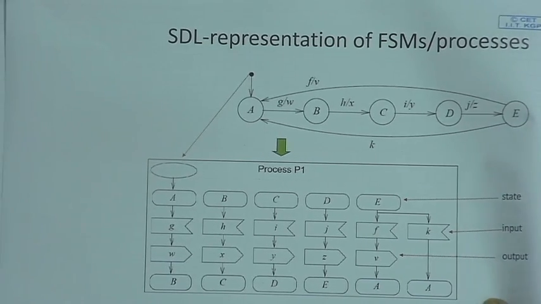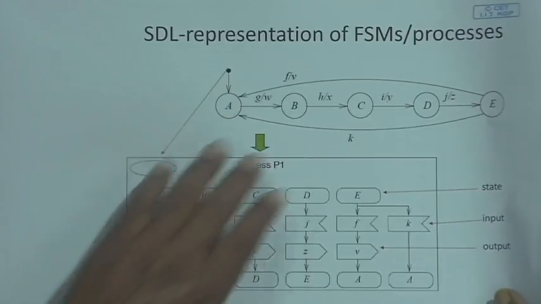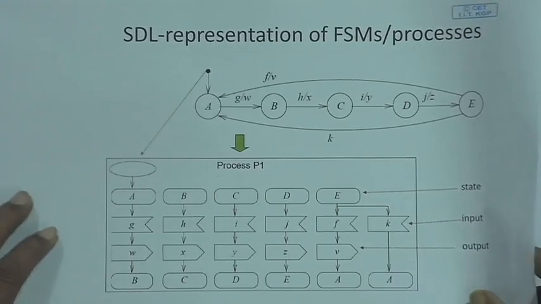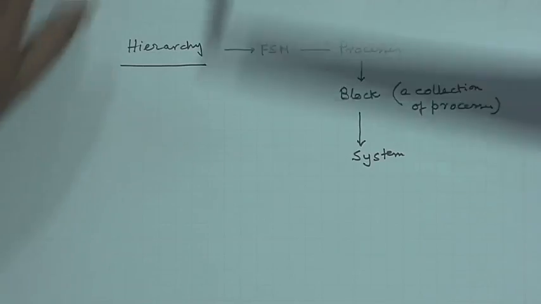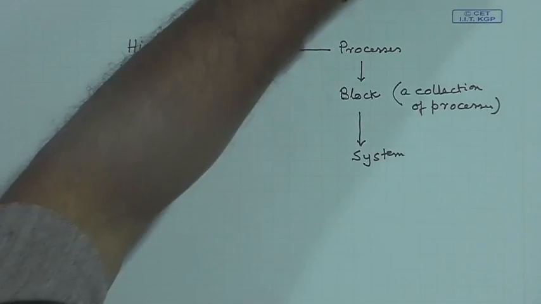So, this part is clear. Now, I can have many such processes. Okay. Now, the process as such is designated as an octagon typically, but actually whenever you will be working on SDL, you will be provided with a graphical editor, so the time that I will be needing here to draw those, you can simply select over there, right.